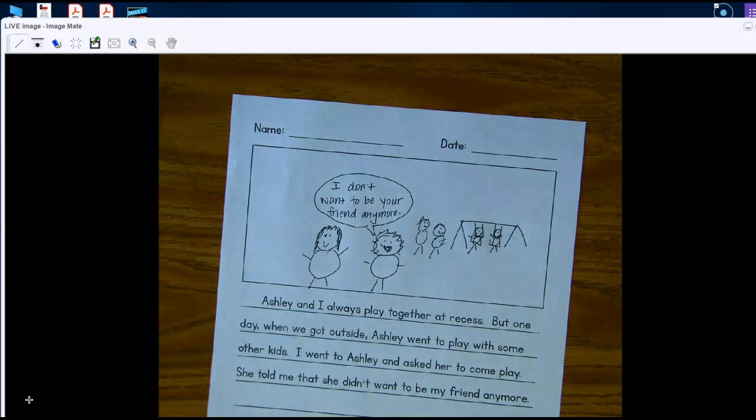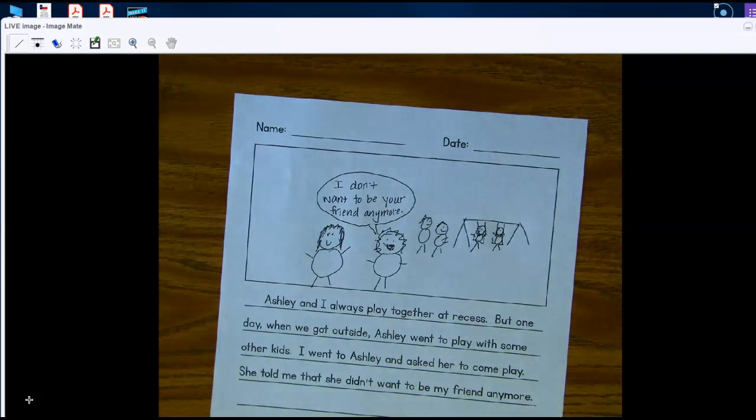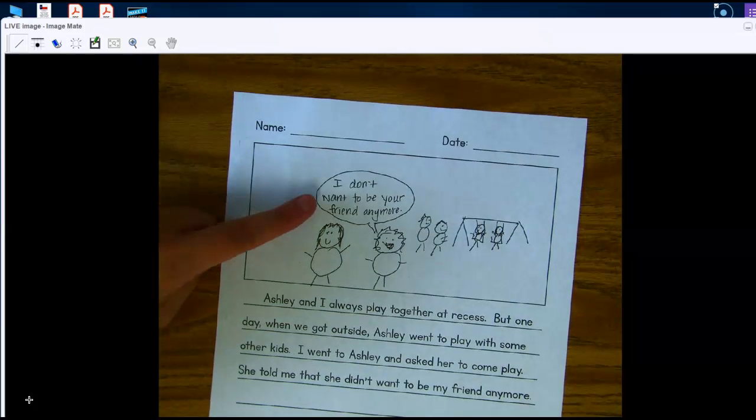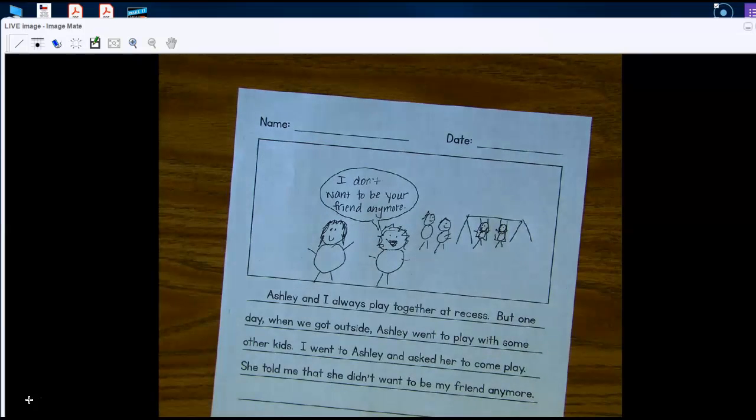And we're focusing on this, not on the rest of the story. So Ashley tells me, "I do not want to be your friend anymore." Do you see how this helps our story? This helps our story by saying what they said in the picture and in the story. So it helps me as a reader understand what's happening in the story.